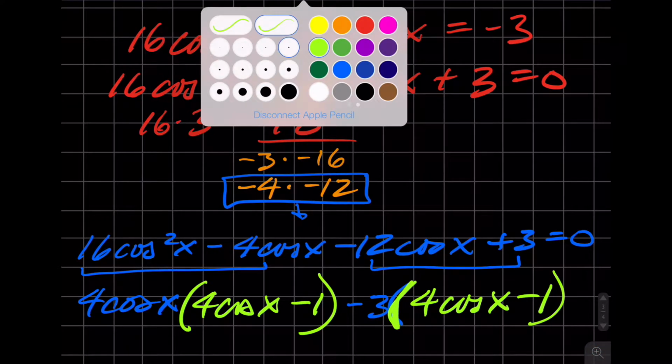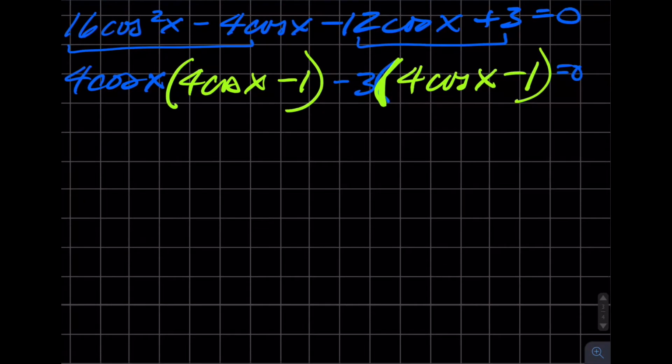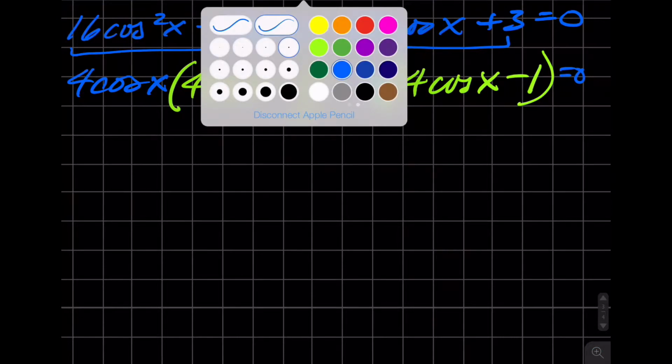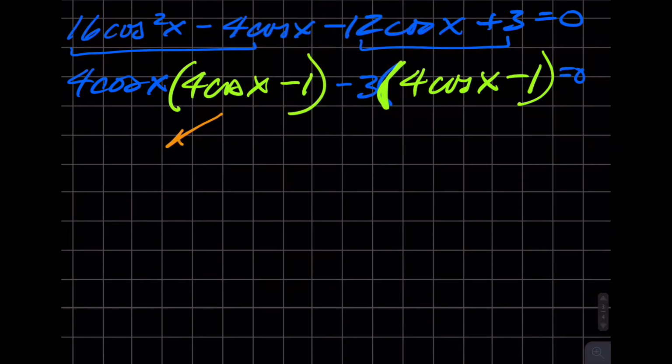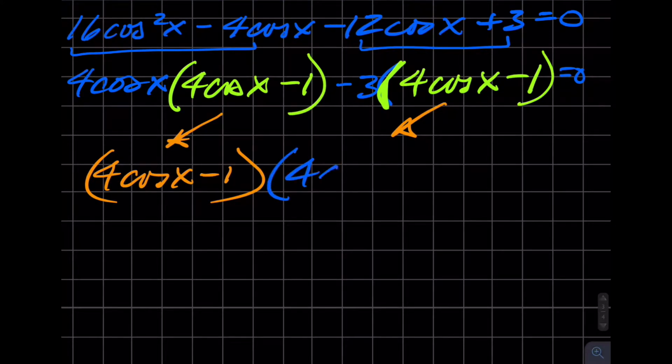And all of that stuff is equal to 0. And with that being equal to 0, I can now factor this and this away from that part: 4 cosine x minus 1, and I'm left with 4 cosine x minus 3. And that's all equal to 0.